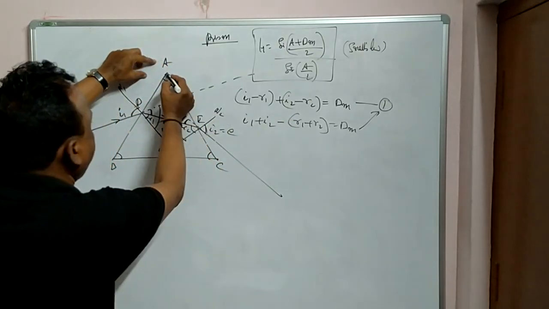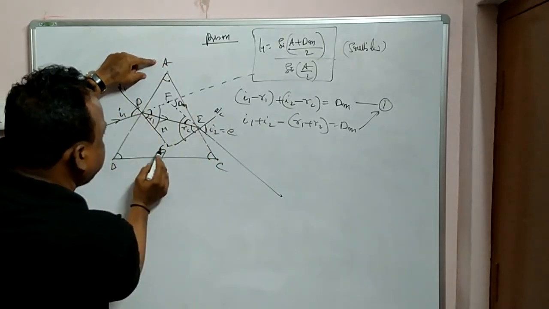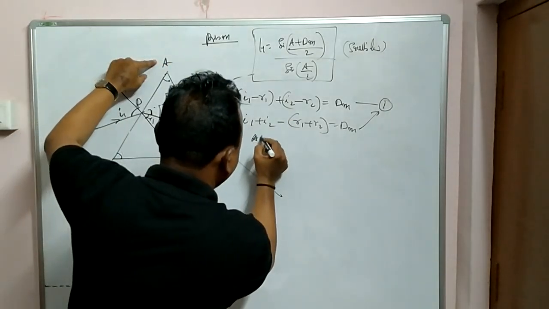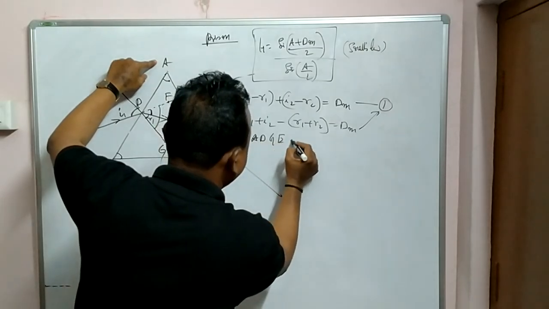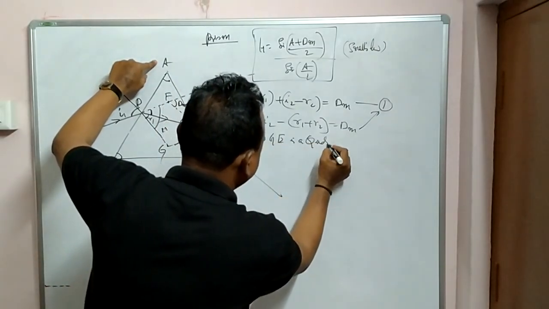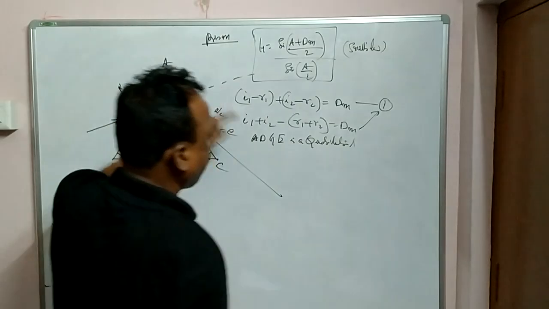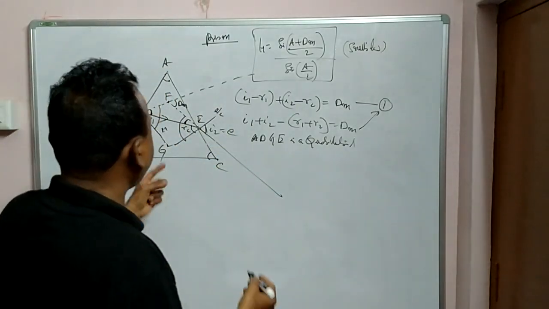Here you can see this quadrilateral ADGE. In a quadrilateral, the sum of interior angles is equal to 360.